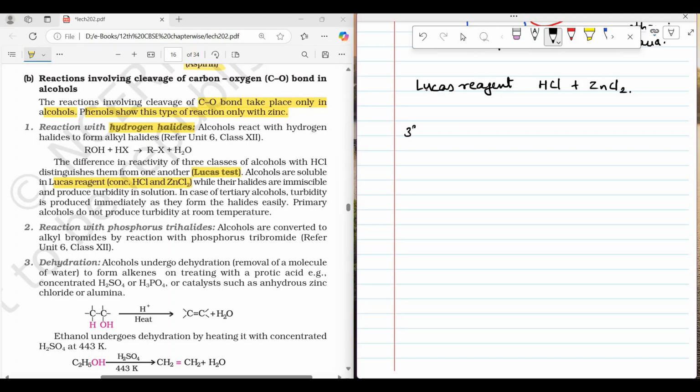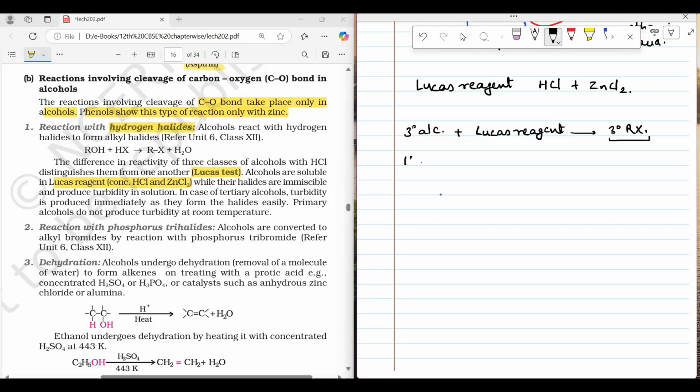So if I take the example of tertiary alcohol, when it is mixed with the Lucas reagent, it gives turbidity immediately because it results in the formation of tertiary alkyl halide. And this formed alkyl halide is not miscible with the Lucas reagent. That's why it appears as turbidity in the solution.